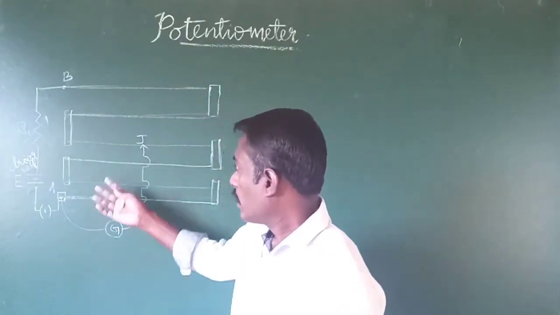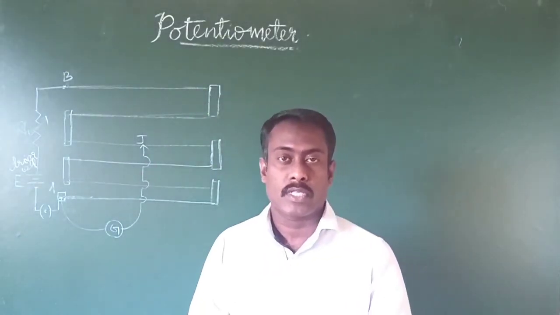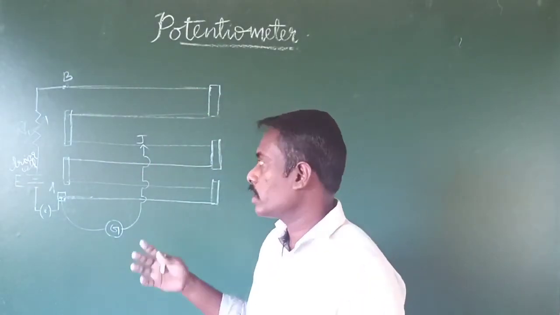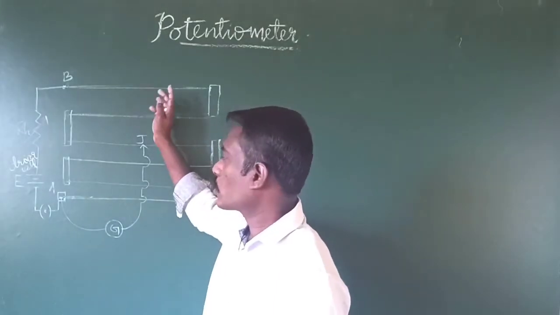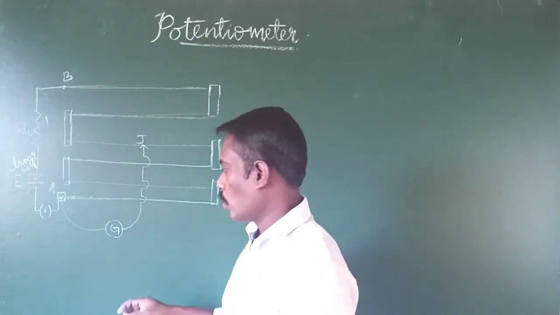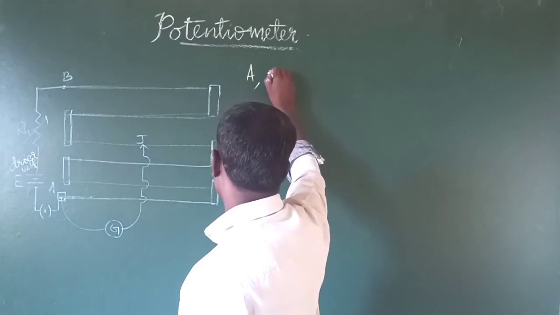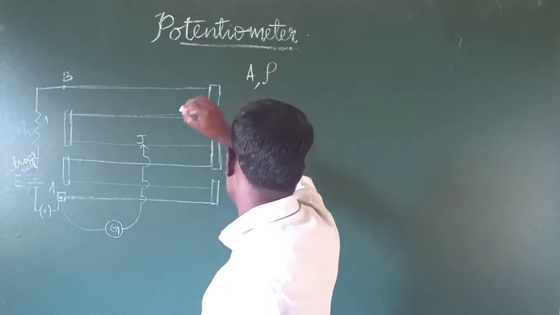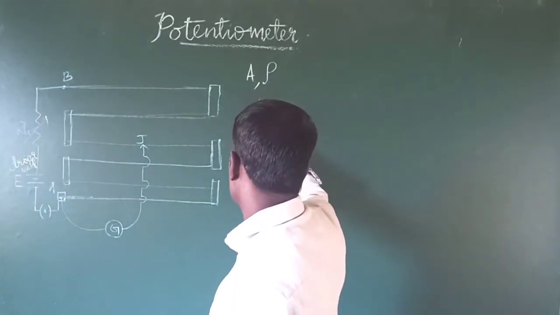That means here the length of the wire is directly proportional to the potential drop across these points. Assume a wire whose area of cross-section is A and whose resistivity is rho. Then we can write the resistance.